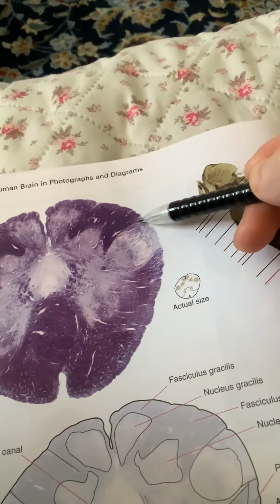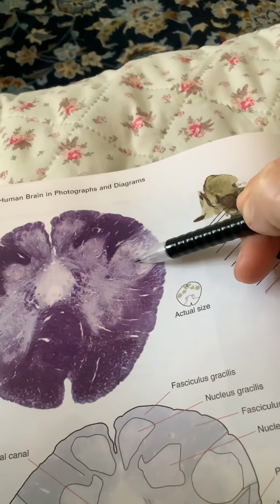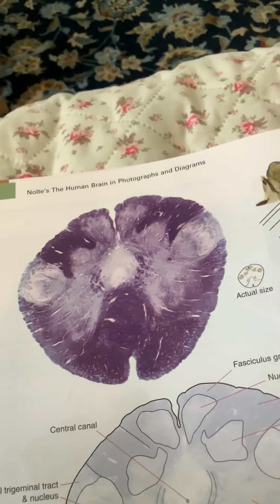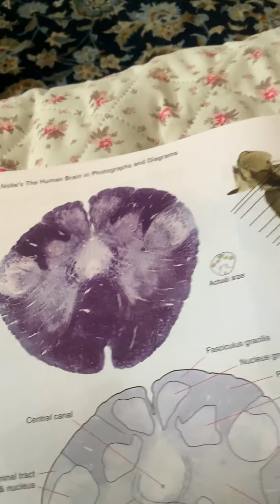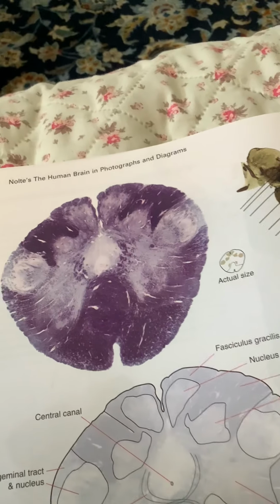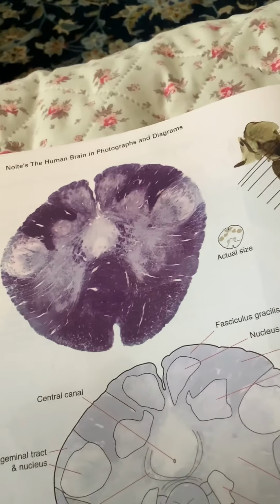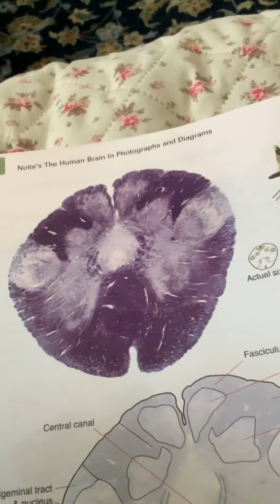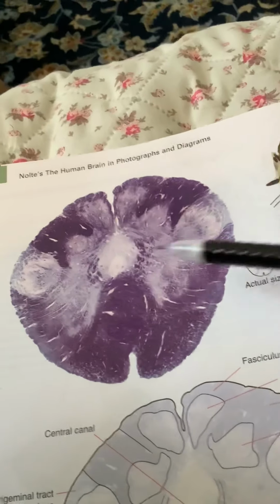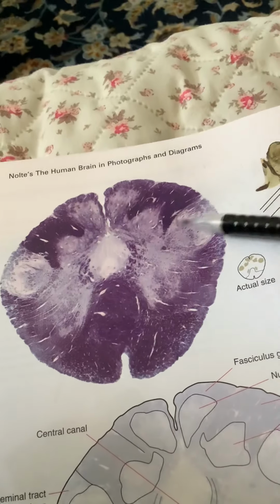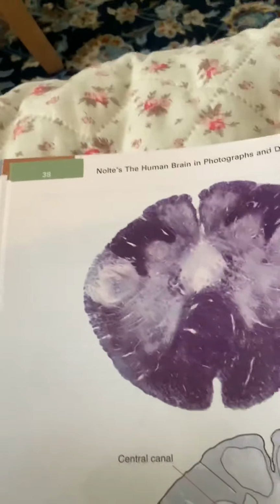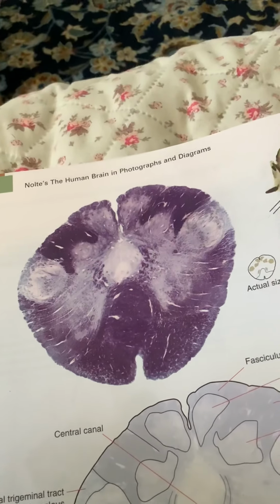This is the spinal trigeminal tract and nucleus. It has the same functions, except that the spinal trigeminal nucleus and tract are concerned with pain, temperature and crude touch from the head. When I saw this, it just stuck with me.